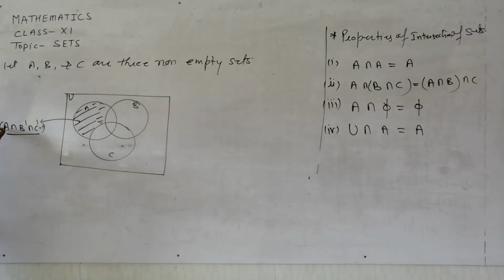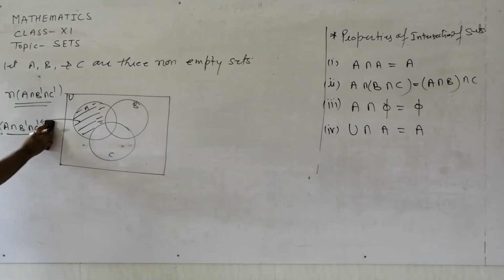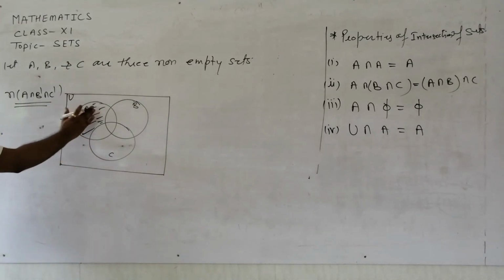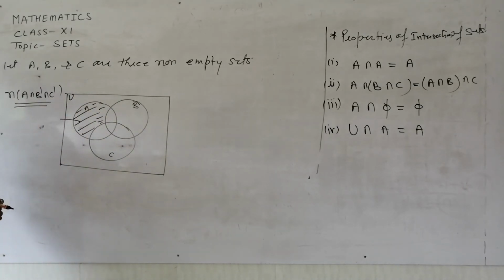If you put n, meaning cardinal number, that is, if you write n of A intersection B complement intersection C complement, then it will represent the elements which belong to A only.